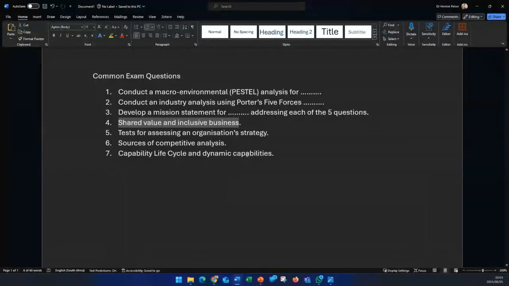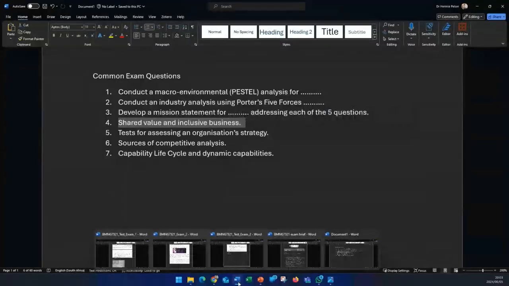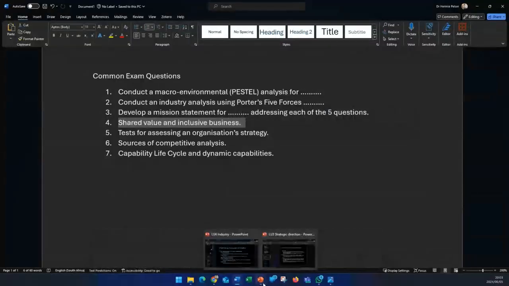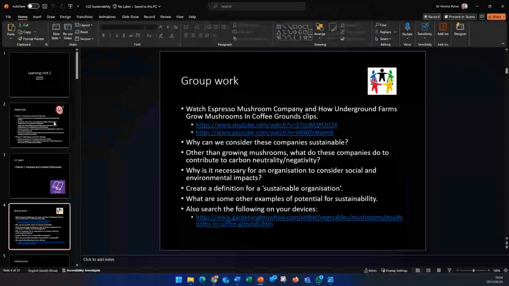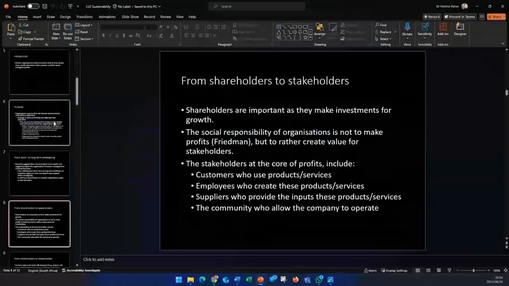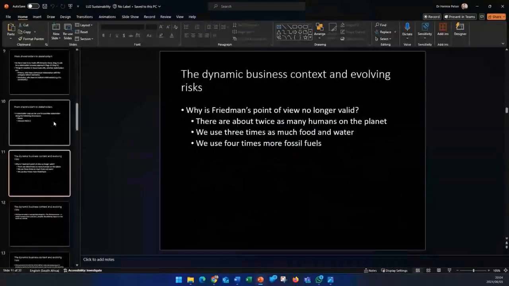These should be guaranteed, but they ask different variations on the theme. But the shared value and inclusive business, again, guys, it is a guess, because I want to go through some others with this as well. So we are looking at sustainability, and let's look at some of these.